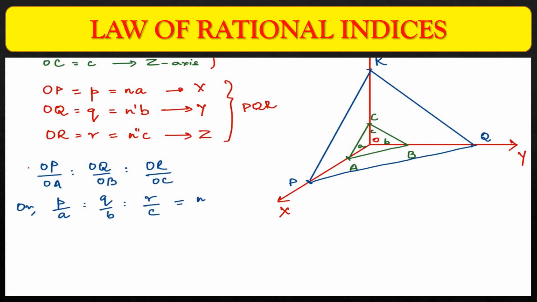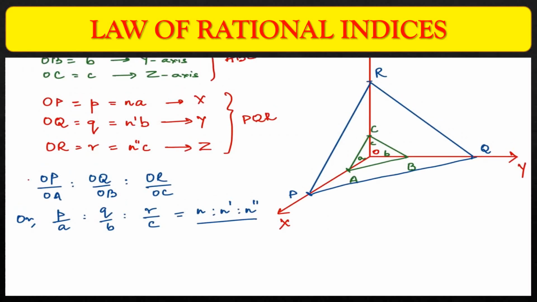The ratios between n is to n prime is to n double prime. Here the coefficients of the intercepts made by the crystal plane PQR are represented within parentheses as (n n' n''), and this represents the crystal face PQR. This kind of representation is termed Weiss indices.